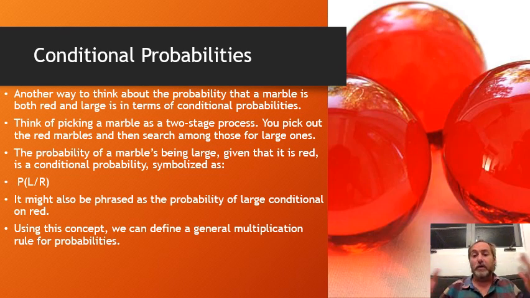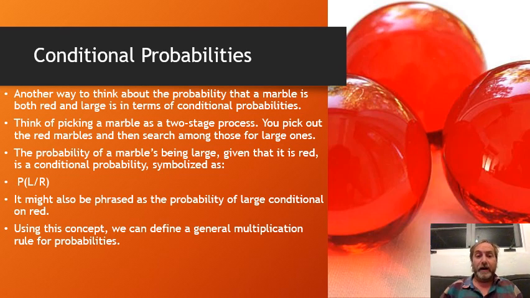Okay, so conditional probabilities, right? Another concept that we might want to use here. Another way to think about the probability that a marble is both red and large, this multiplication rule, you might think about in terms of conditional probabilities.